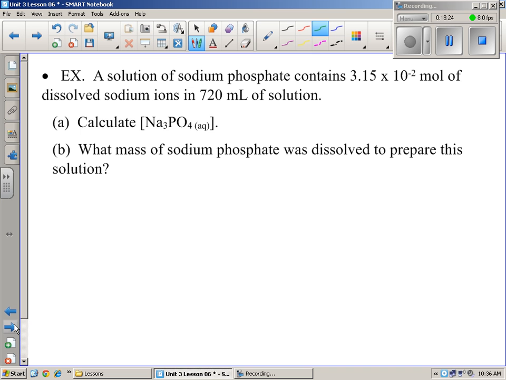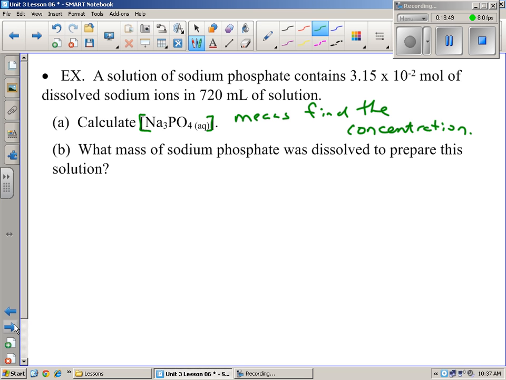Well, this means, by the way, you guys want to write this down probably. So when you see square brackets like this, it means find the concentration. Okay? Square brackets implies concentration. Square brackets implies concentration.